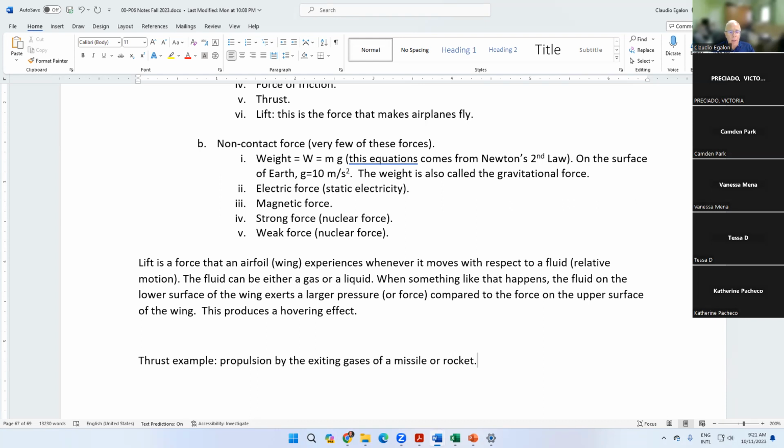So if you propel the gases of a fuel at a high enough speed, just like in the case of jet engines, right? It's not just the case of rockets, but also the exiting gases of a missile, rocket, or jet engines too.